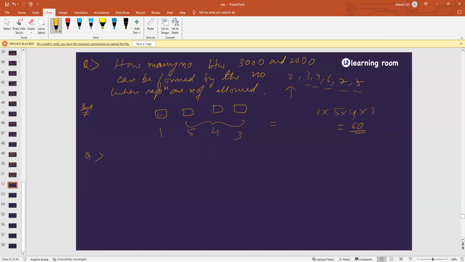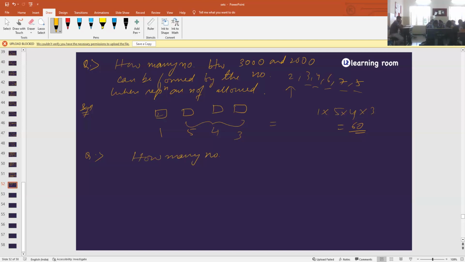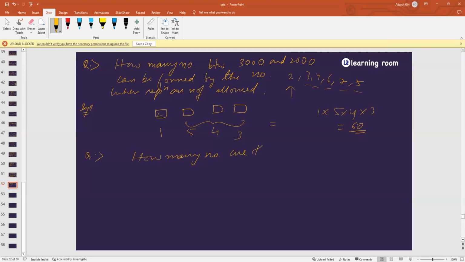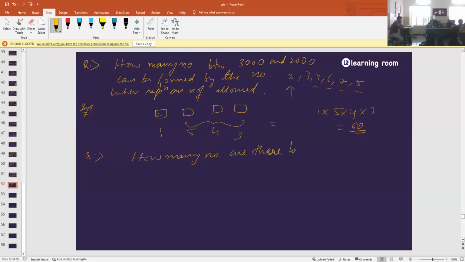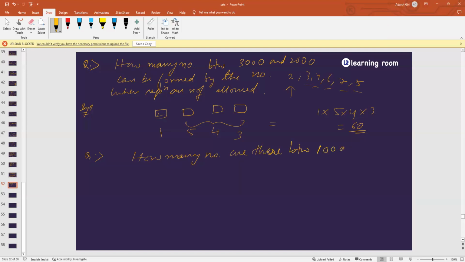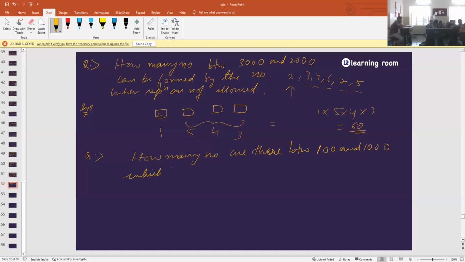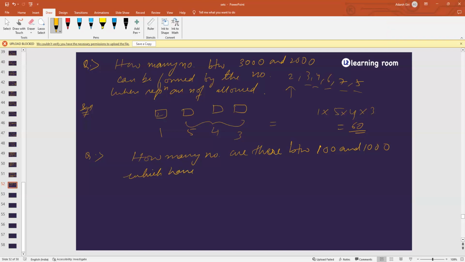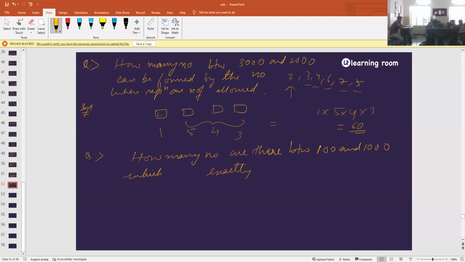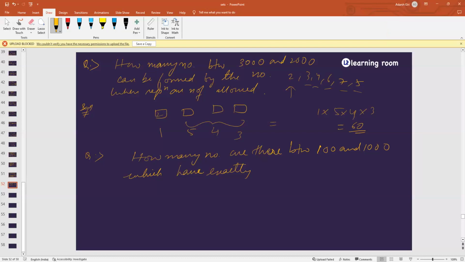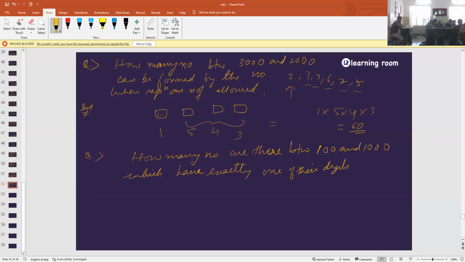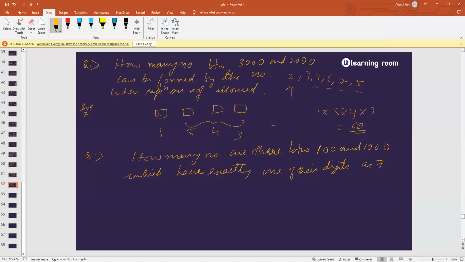How many numbers are there between 100 and 1000 which have exactly one of their digits as 7?